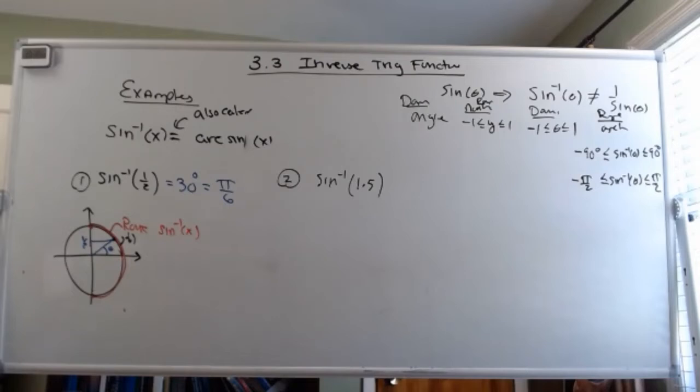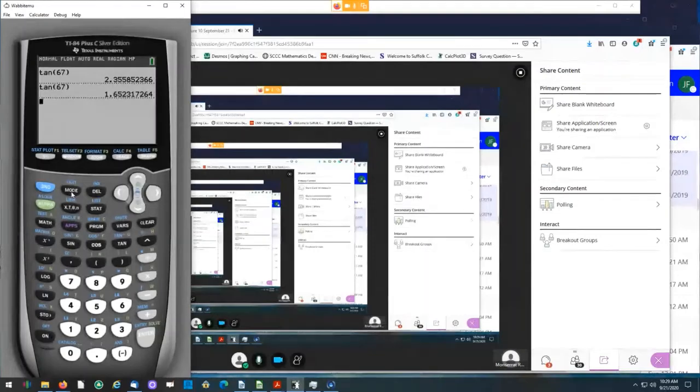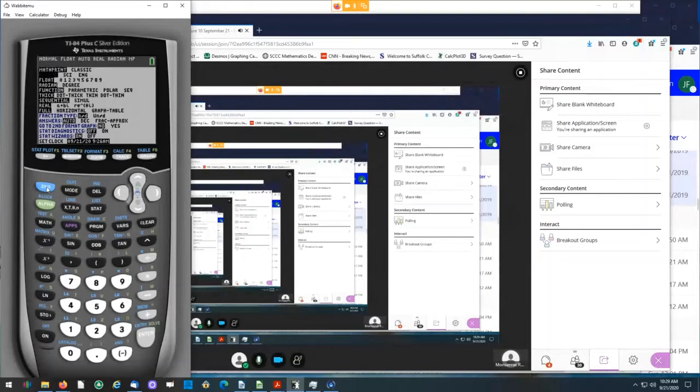So coming over here, I'll turn this on, and right now I'm set in the mode for radians. Let me just show you how to do it. Make sure it's in radian measure, and then we're going to set it to degrees, so you can see the same thing. If I plug it in, I'm going to get a problem. So I'm set for radians, and you're going to see this is going to be a problem.